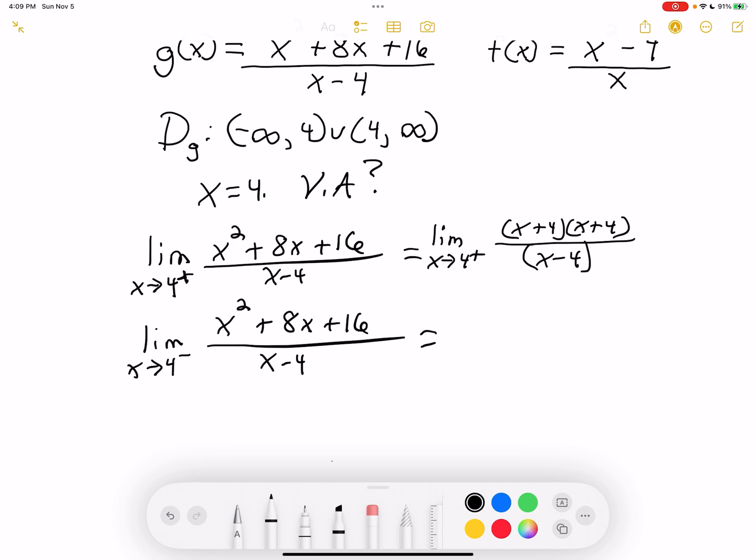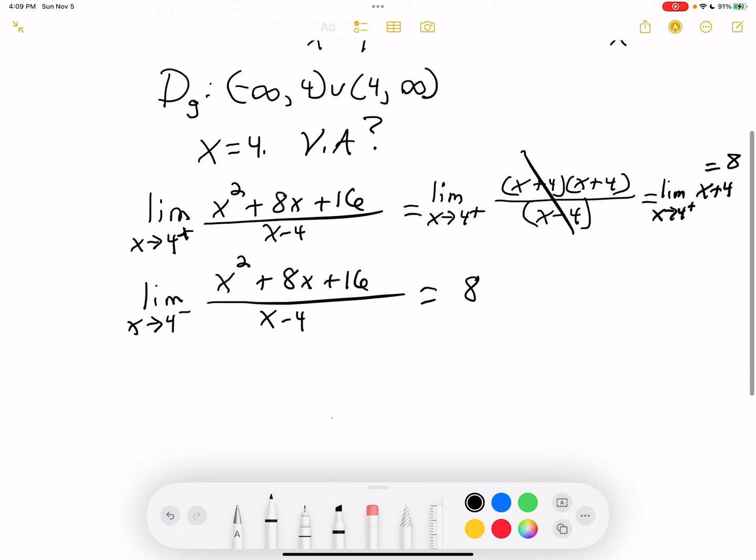Now, hopefully you see we can cancel one of these, and we're left with the limit as x approaches 4 from the right of x plus 4. And now, with direct substitution, we realize that this is going to be 8. And with a similar argument, pretty much the exact same steps, you also find that the left side limit is also 8. So what this tells me is the following.